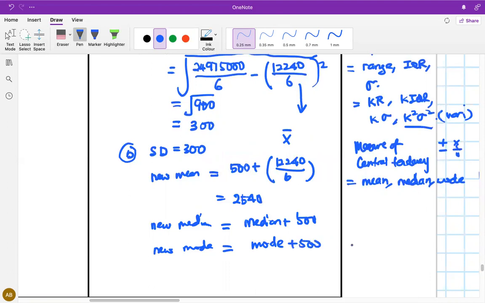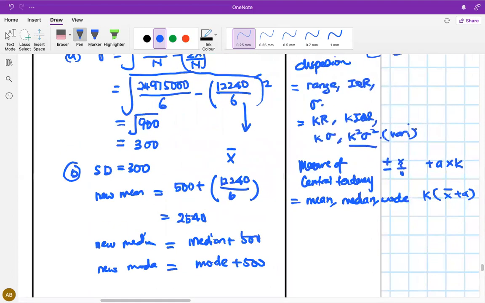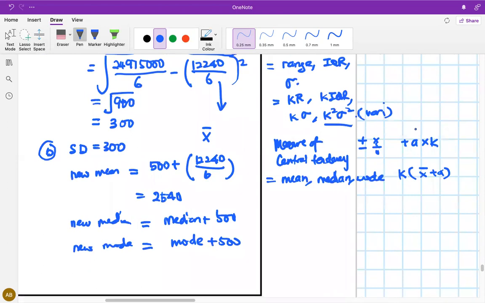Okay, so this one is to refresh what you have learned in lower form, measure of central tendency. If we multiply K with plus A, then it's K times (mean plus A), or K times (median, Q2, plus A).